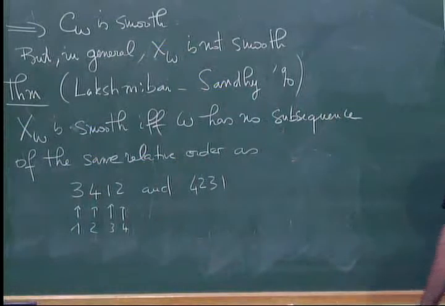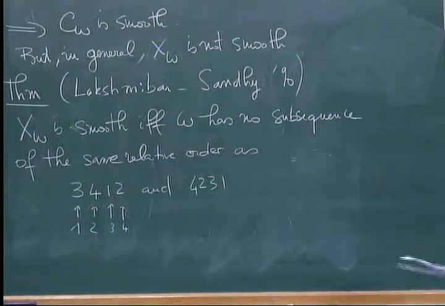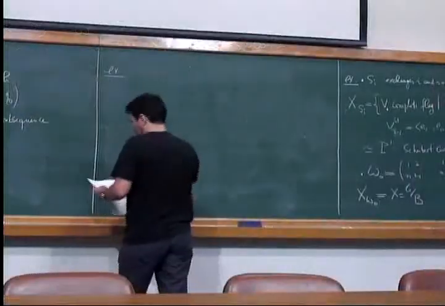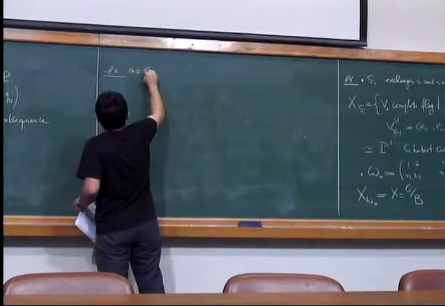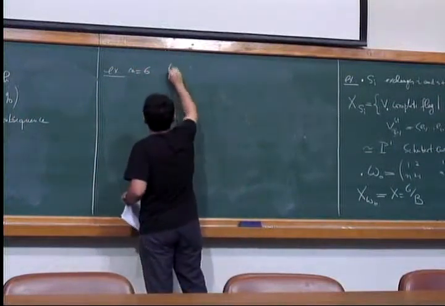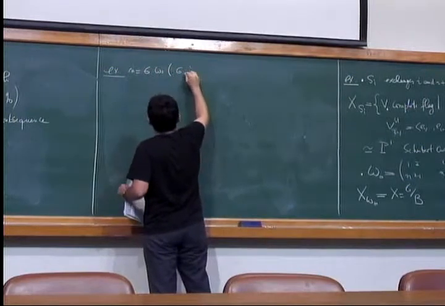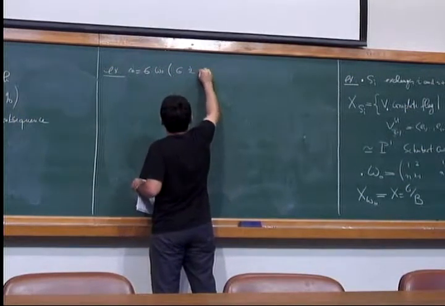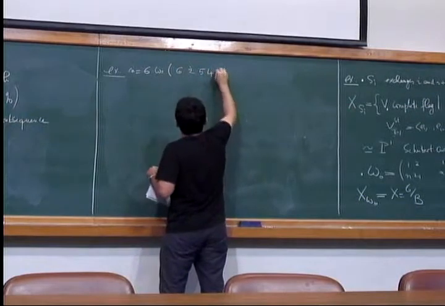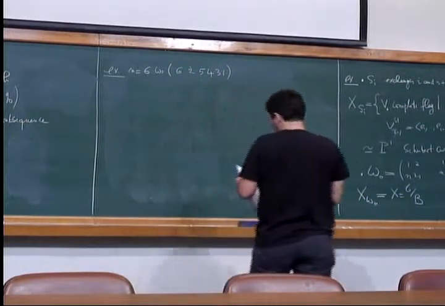So just an example. For n equal to 6, you consider omega as 6, 2, 5, 4, 3, 1.